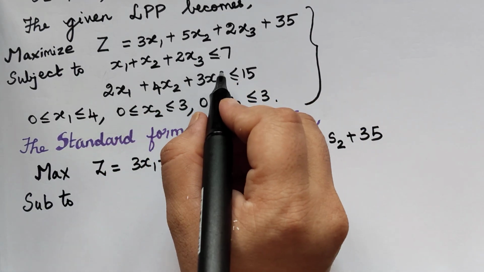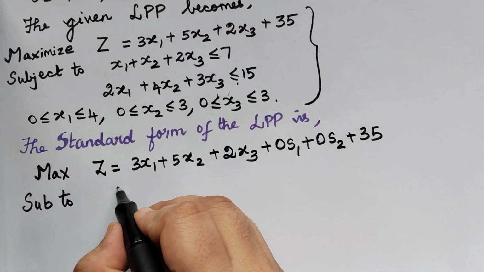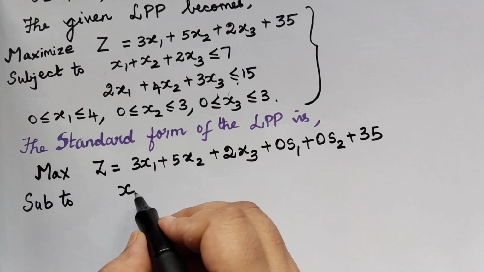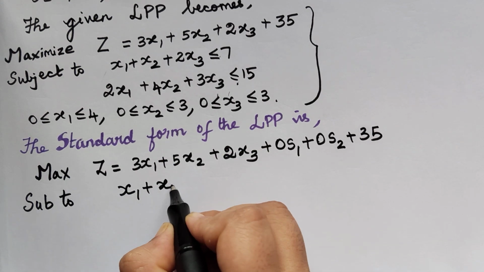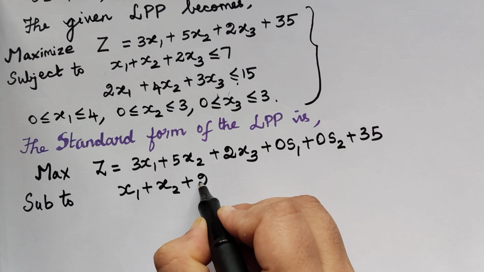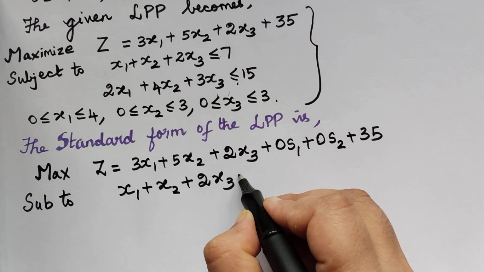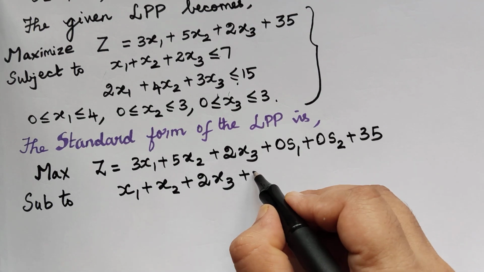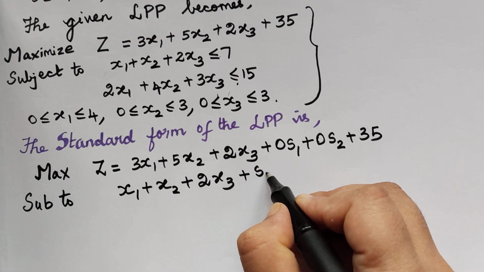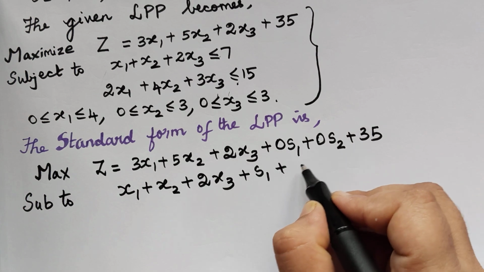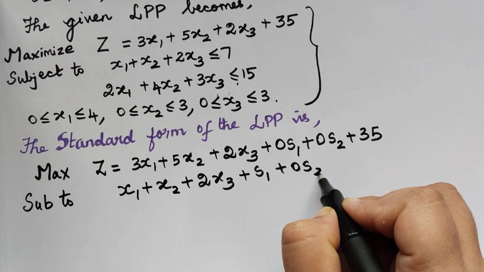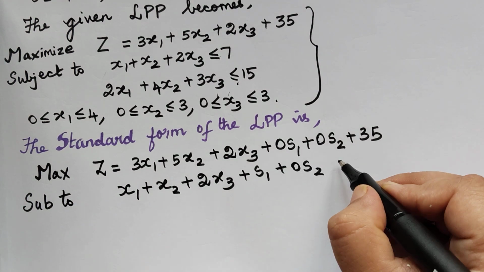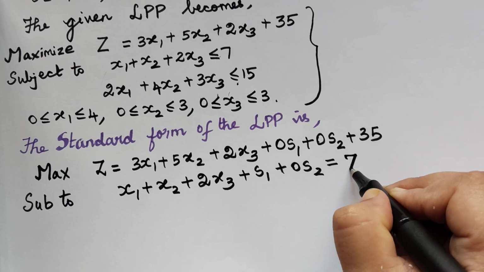Now these inequality constraints will turn into equality constraints when we add the slack variables. So x1 plus x2 plus 2x3, and we add slack variable s1 with coefficient 1 and s2 with coefficient 0 in the first constraint, and that is equal to 7.